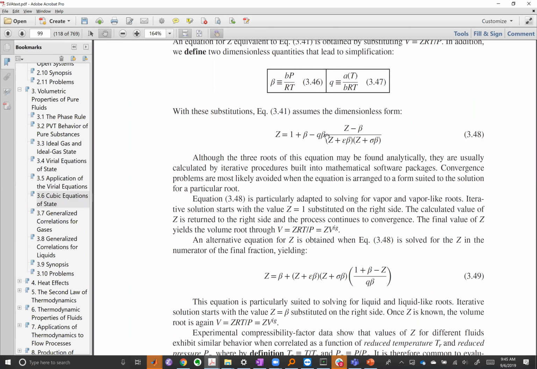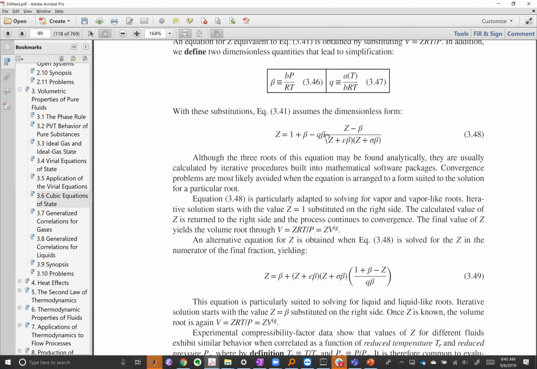So equation 348 and 349, they take the general form of the cubic equation of state, and they introduce the beta parameter and the Q parameter. So those are just algebraic simplifications to keep the math a little cleaner.